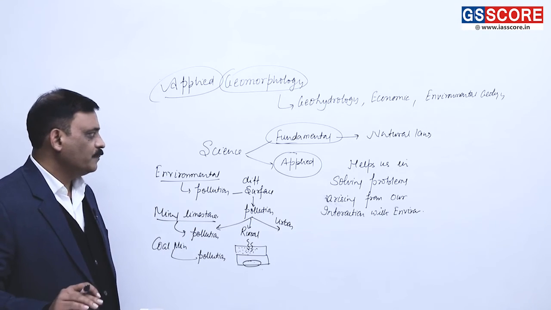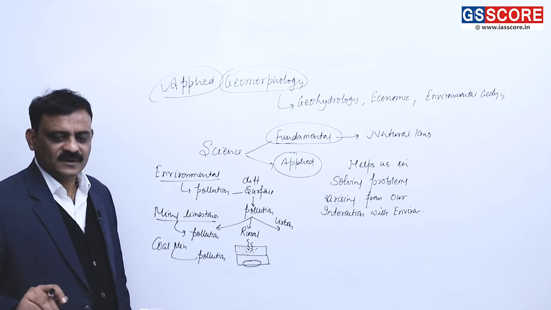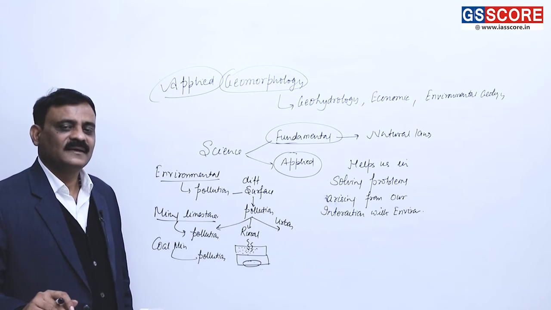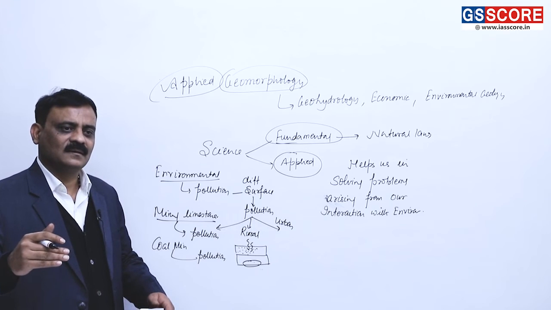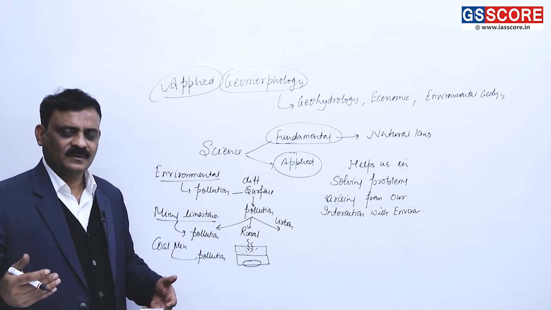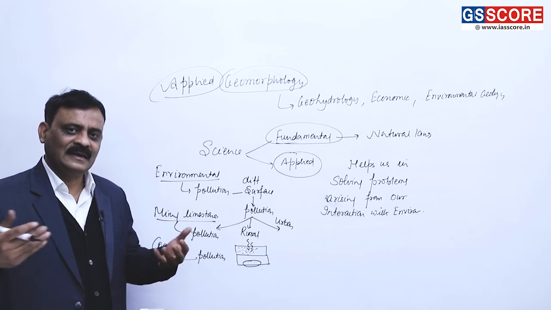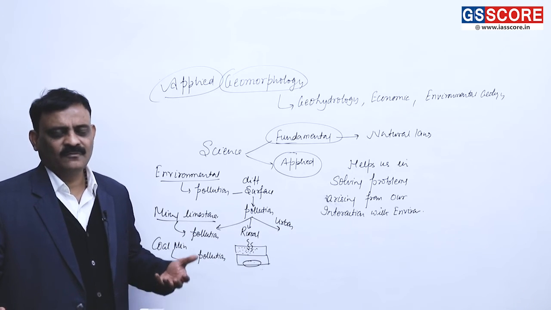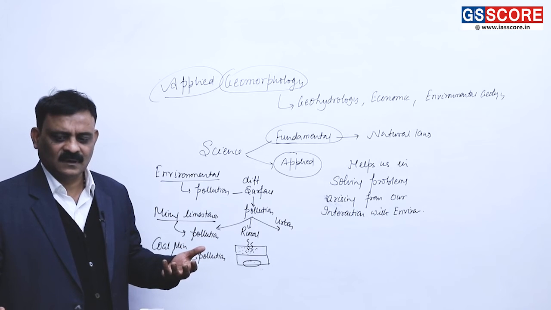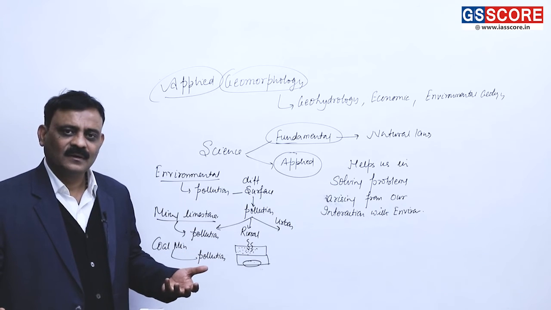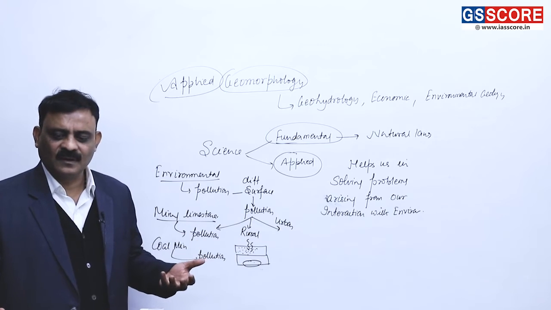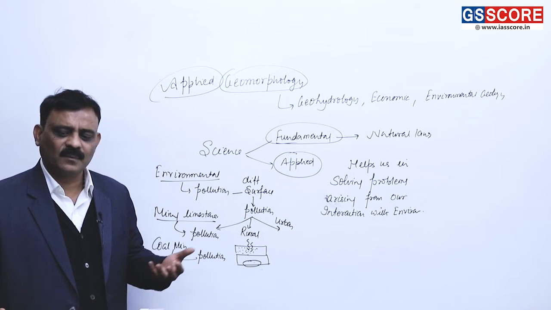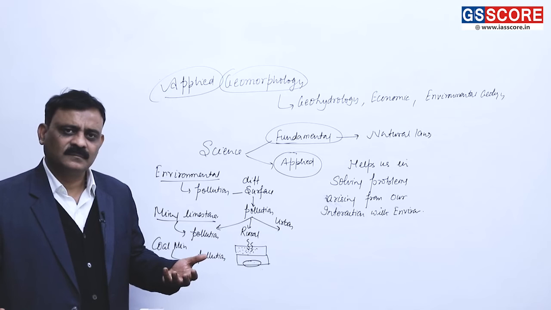So the main purpose of applied geomorphology is to understand where we can apply the geomorphic knowledge in dealing with the problems of human society, with the problems of environment, with the problems of infrastructure, with the problems of economics.